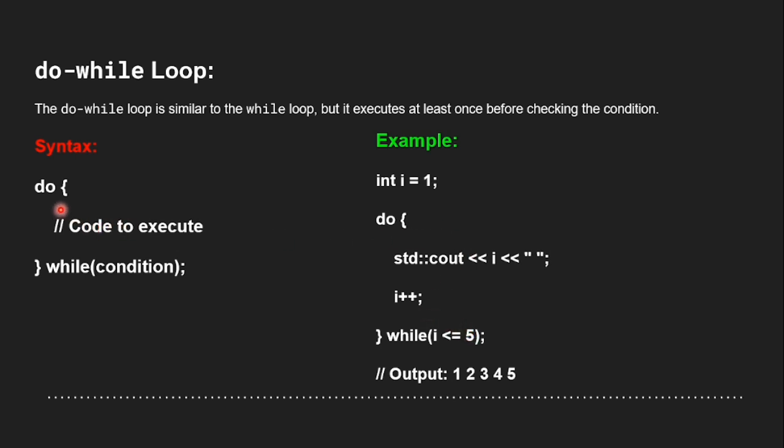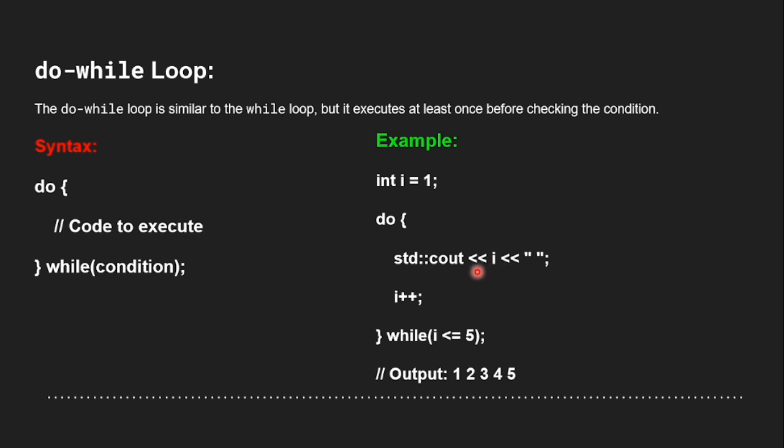The syntax of the do while loop is that we use the do keyword and curly braces and the while, then the condition. First of all, we declare the integer I is equal to 1. Then we use the do keyword with the curly braces, std cout, basically going to print out this iteration I, and increment, that is adding one to this initial variable.